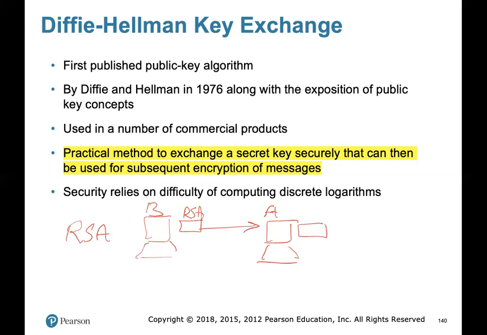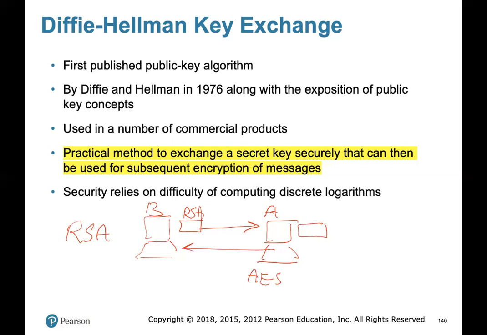And after sharing the key, they don't need RSA. They switch to, for example, AES, and they transfer the actual bulk data using AES or DES or whatever. So we need a combination of RSA plus AES for establishing a secure connection between the two parties while the channel is not secure.